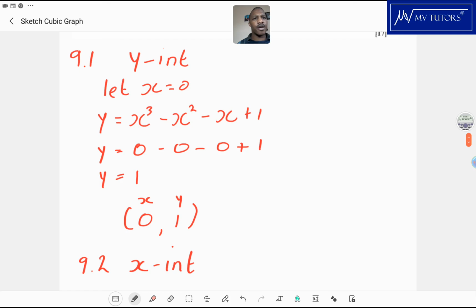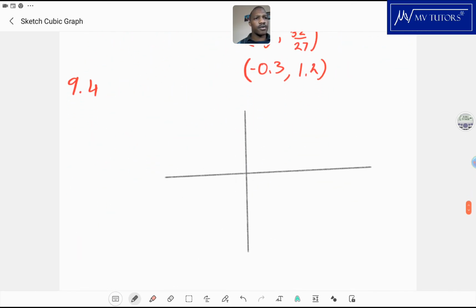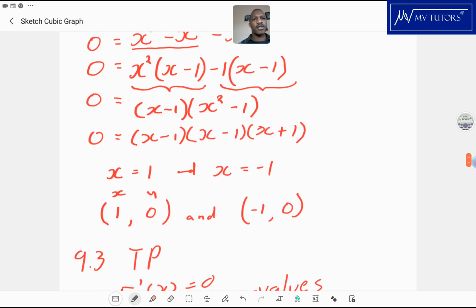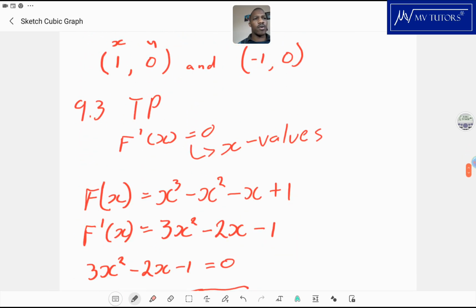The y-intercept was 0 and 1. So come here, go 0, 1. Let's make 1 over there. That's our y-intercept. Okay, so this point here is 0 and 1. Our x-intercepts, the ones that we solved here, are 1 and -1.